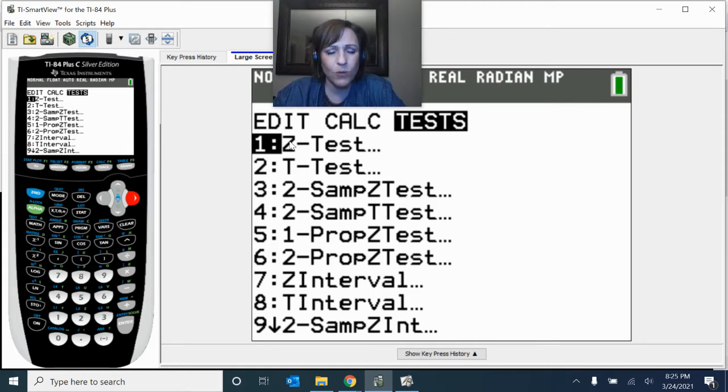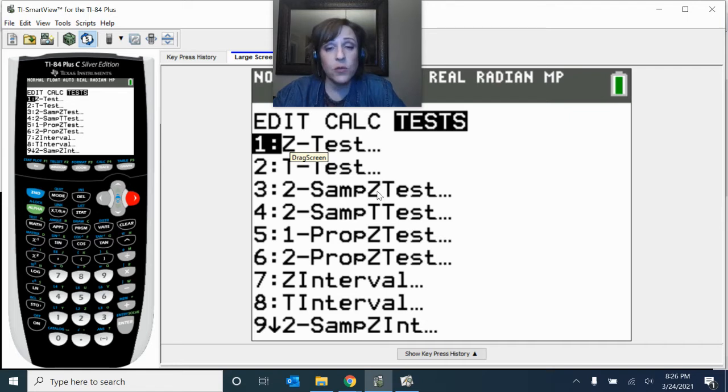Let's take a look. What is this Z-test and then T-test? Those are for one sample. And then look at number 3 and 4: 2-sample Z-test and 2-sample T-test. What's that? Well, let's investigate. What's the difference between these? Obviously, one's for Z's and one's for T's.